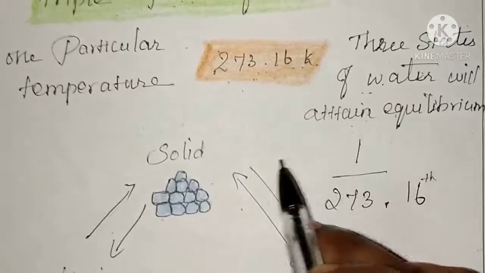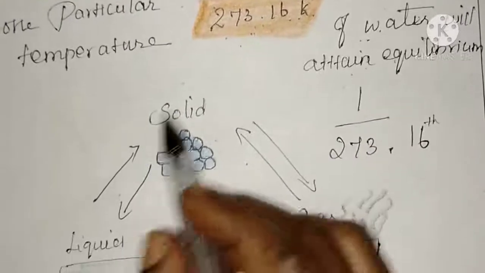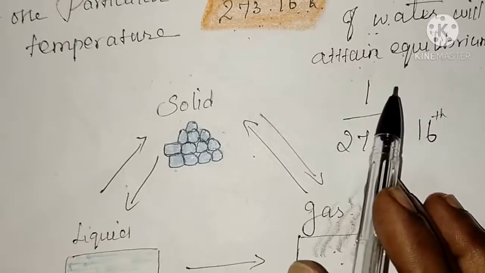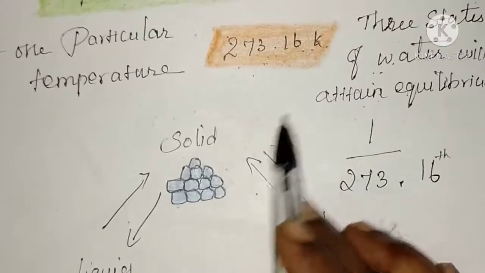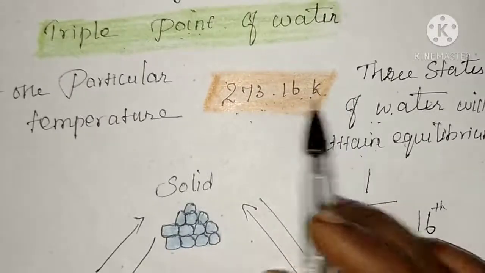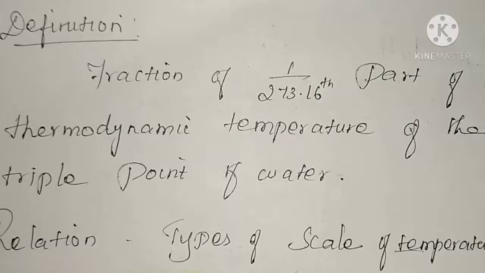Have you all understood what the triple point of water is? The 3 states of water attain the same equilibrium state at one particular temperature. That is the triple point of water. At what temperature does it attain that equilibrium state? 273.16 Kelvin.